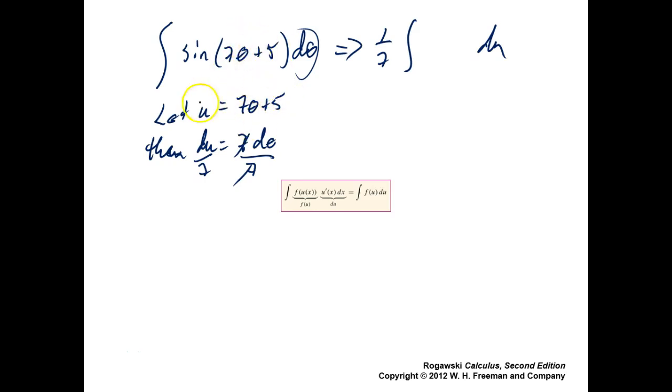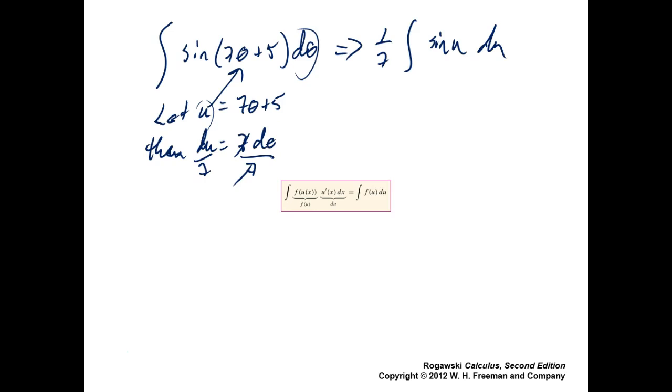This right here is u. So what do we have? Sine u. Don't we? You just put u in for 7 theta plus 5. Right? You see it?